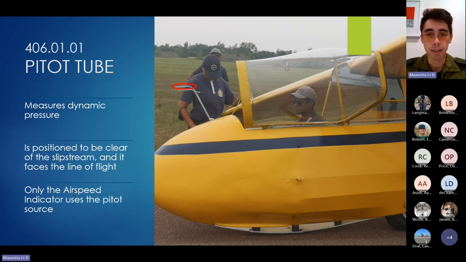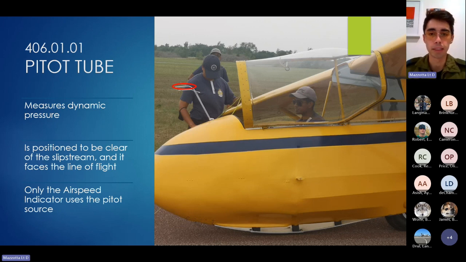The pitot tube on our gliders is a very delicate piece of equipment that can bend or break easily. As you can see, the glider currently has its nose down in this picture, and sometimes it's very easy for the pitot tube to get bumped into and bent, which, if it's not centered correctly, can misread your airspeed by anywhere from 2 to 5 miles an hour, which is pretty significant.